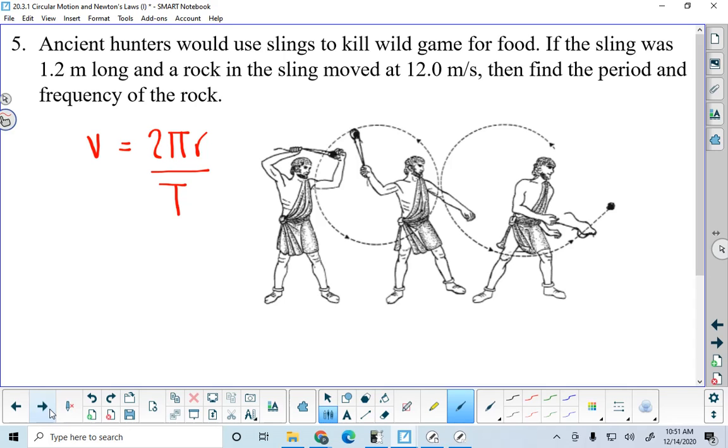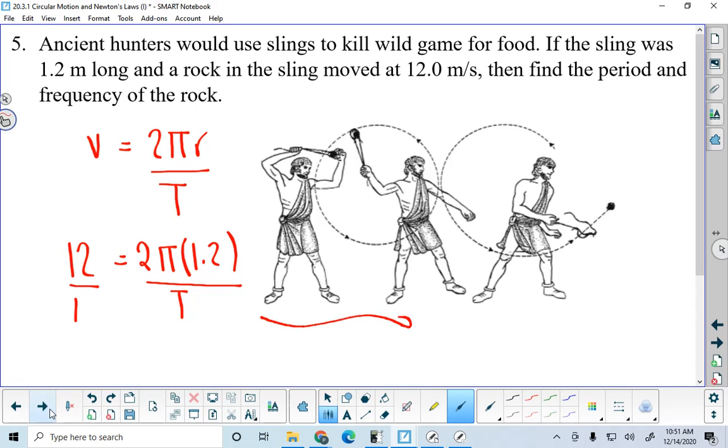So this ancient hunter has a rock in a sling that's being rotated in a circle at 12 meters per second. And that's equal to 2 times pi times the radius of the circle, which is the length of the sling, 1.2, divided by t.